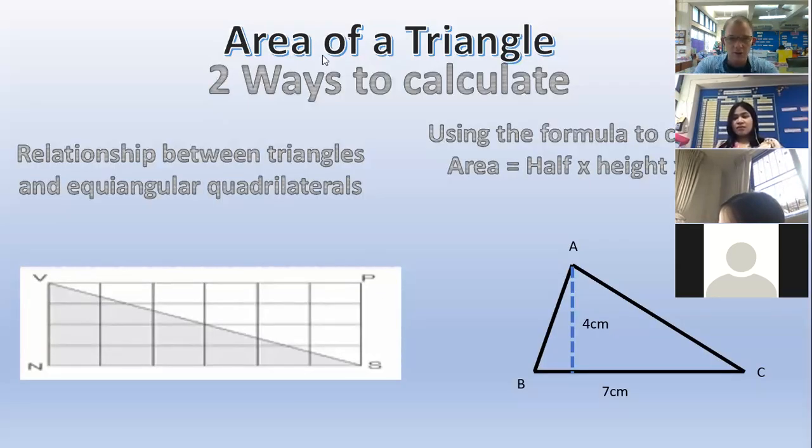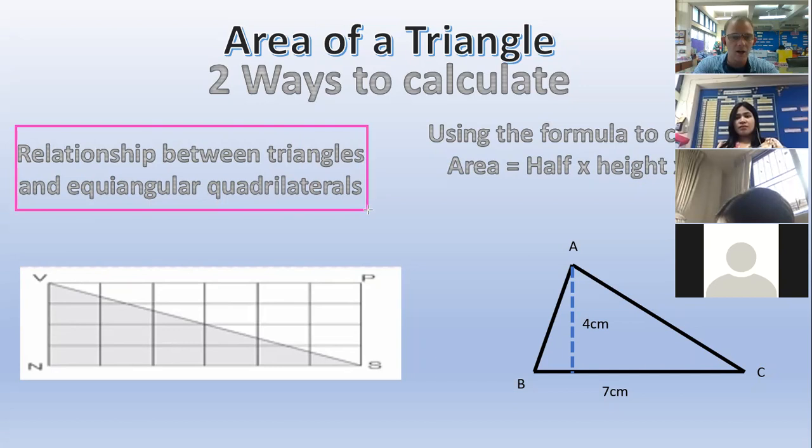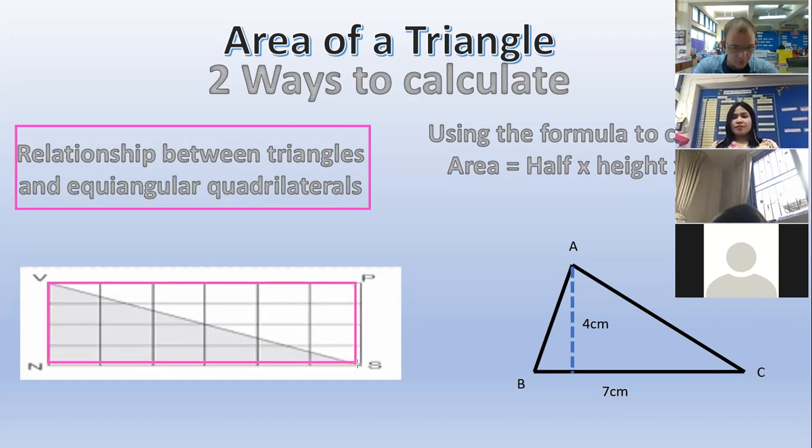So just to close off and just to make sure you understand, we have 2 types of ways of calculating the area of a triangle. Remember, we're working with the area now. The first one is the relationship between the triangles and equiangular quadrilaterals. Now, quadrilateral is a 4-sided shape, usually a square or a rectangle.